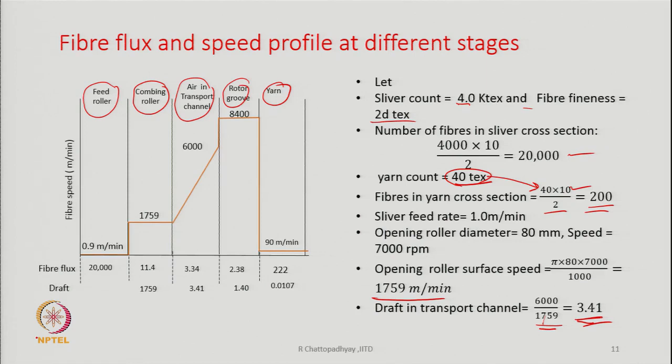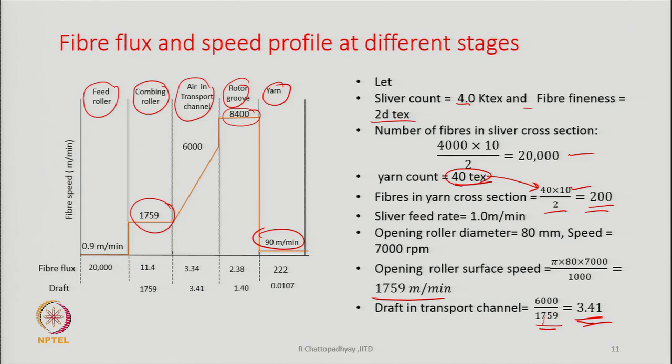That is how the drafts are shown, and if you look at this diagram, the speeds are shown at different stages, how the fiber is flowing through the machine and at what speed.